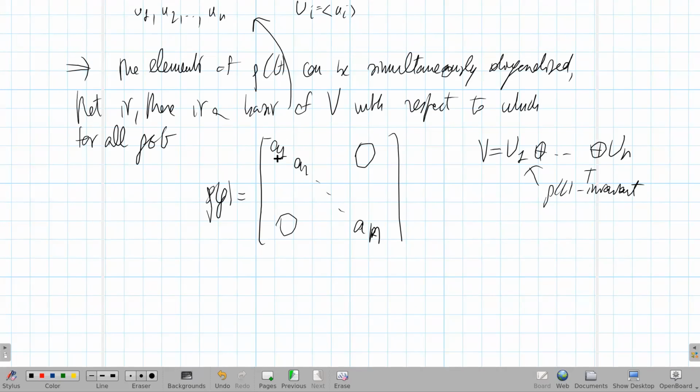So, for instance, rho(g) sends u1 to the scalar multiple a1 of u1. So all these are rho(g) invariant, and you see that these subspaces all have dimension 1, because they are generated by a single basis element. And then these are irreducible.